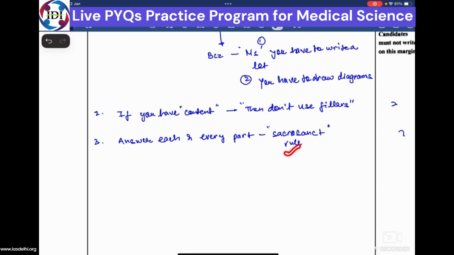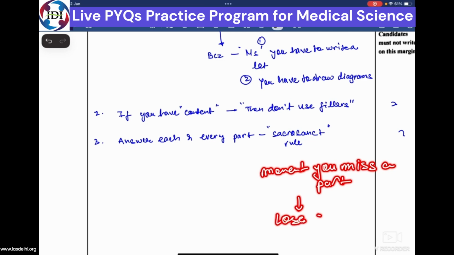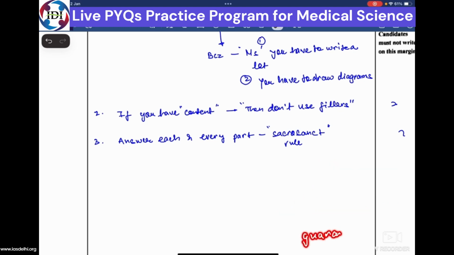But in medical science, this is not going to happen. The moment you miss a part, you are going to lose marks, and that is guaranteed. Nobody can take it away.